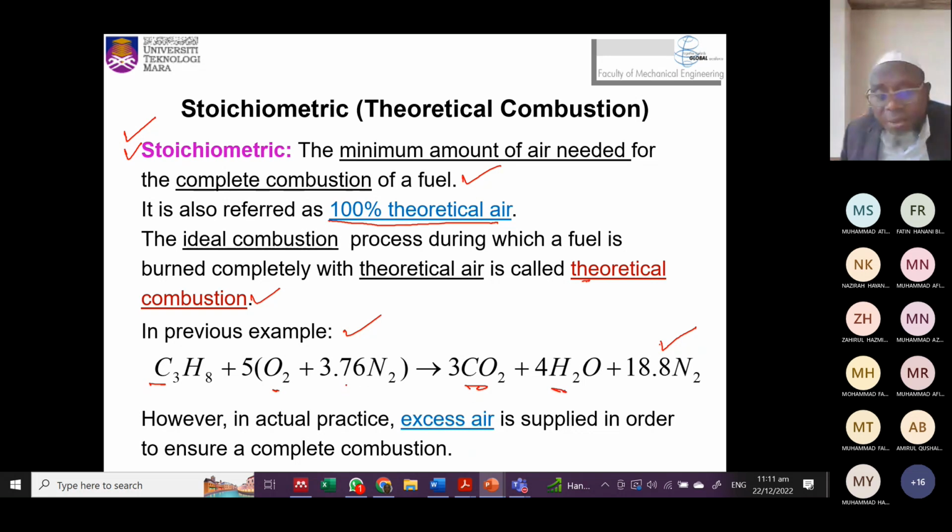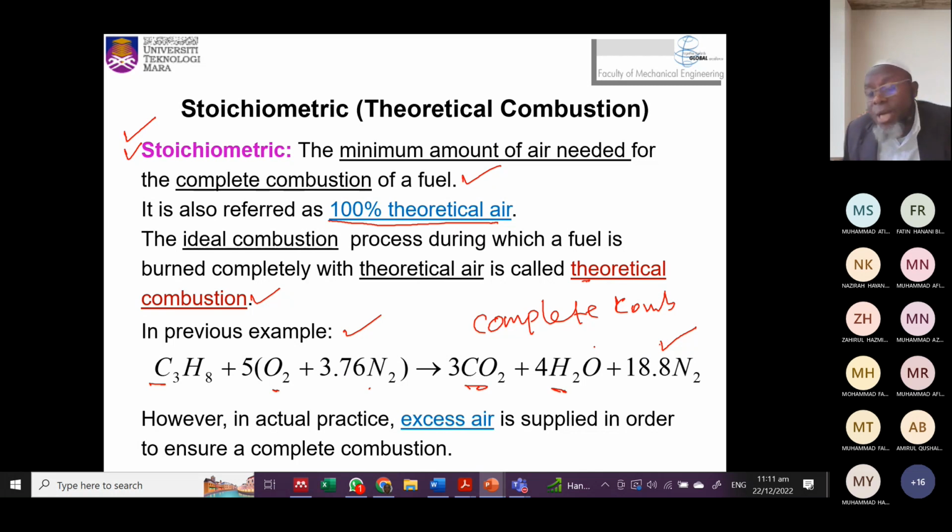Now, nitrogen, pay attention, gentlemen. The nitrogen is an inert gas. It always comes in and goes out. It does not participate in any reaction. So this is a complete combustion, because it fulfills all the conditions necessary for complete combustion.